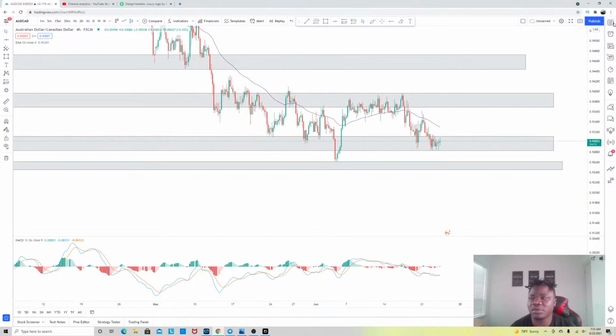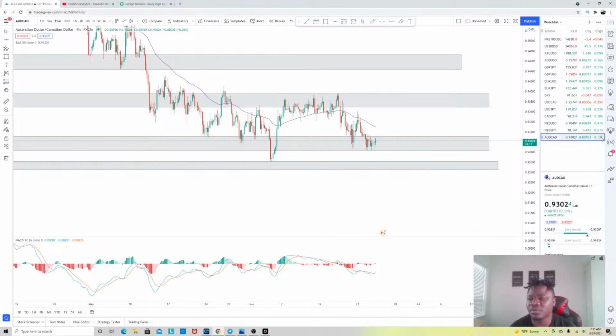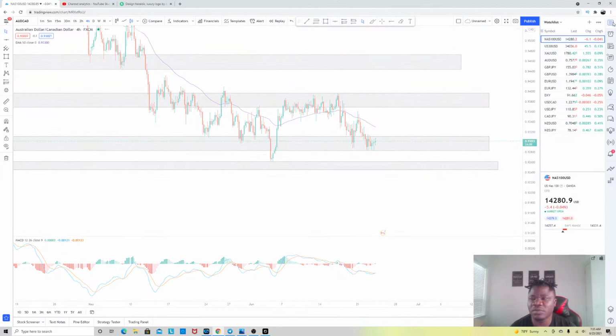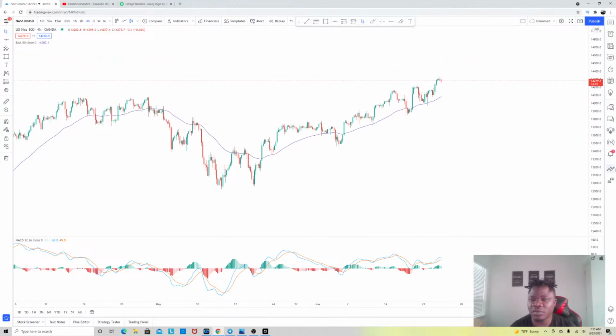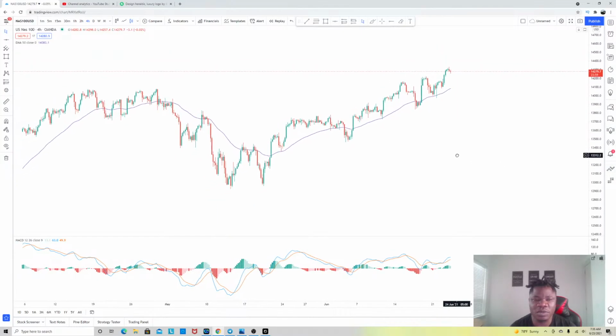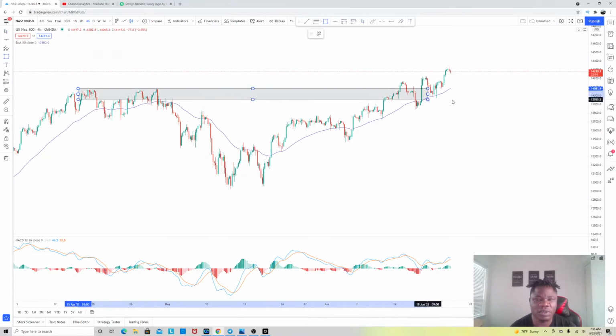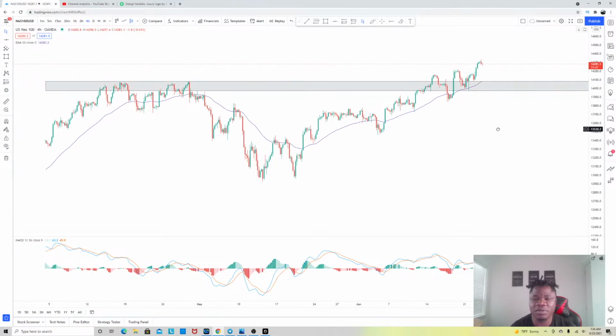So looking at NAS 100 here, absolutely, we're in an uptrend.